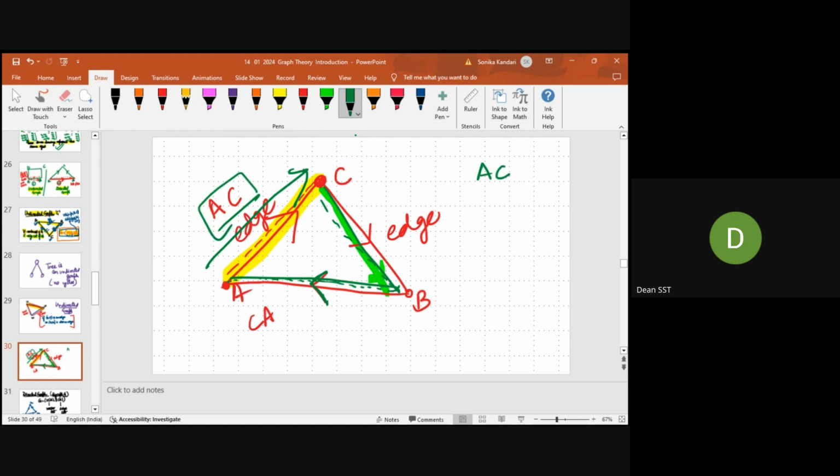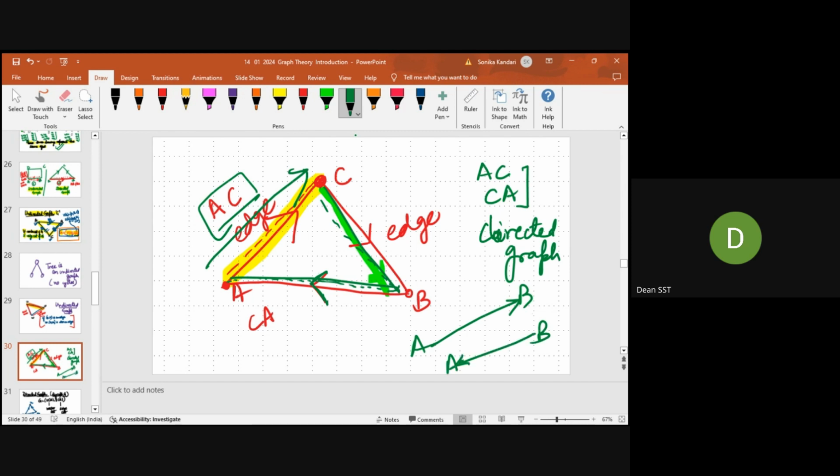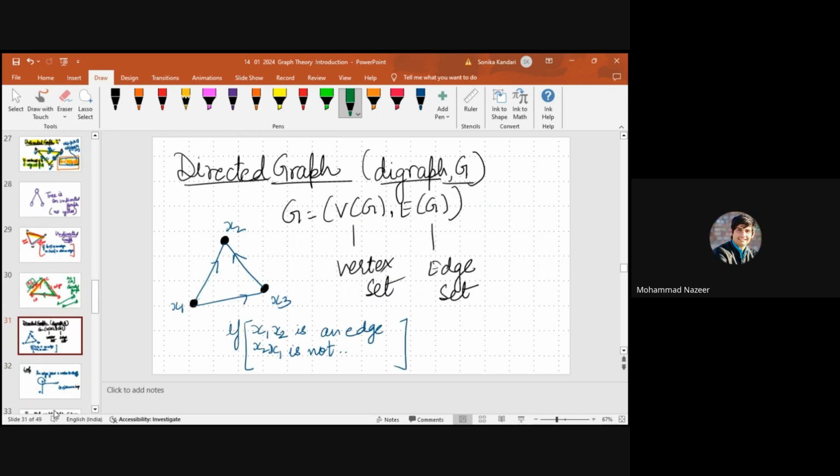AC is different from CA in case of a directed graph. Is it clear?